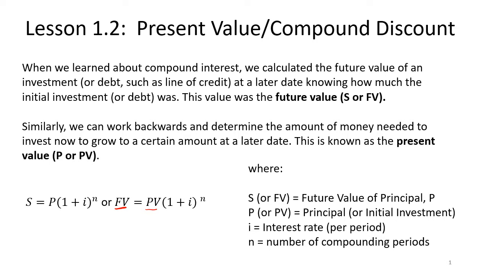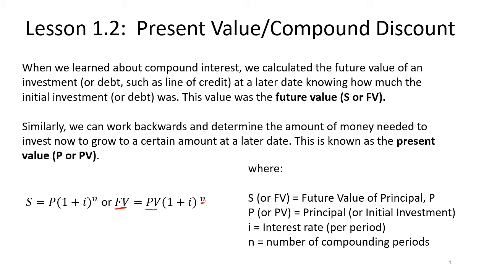Remember the difference between this one and simple interest, it's just your interest rate calculated per period, and that looks at how many compounding periods you have in a year, and also what your annual interest rate or nominal interest rate is. And that is raised to the exponent n.